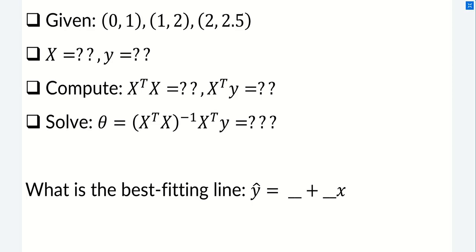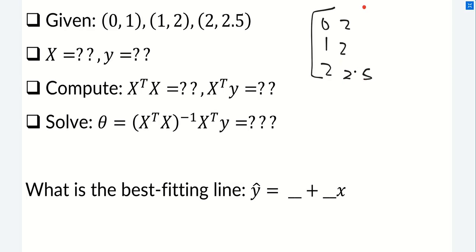So here, let's assume I have a data, and I'm going to do some prediction. So my feature is 0 here, 1 here, then 2, and my target is 2, then 2, then I think 2.5 again, right?